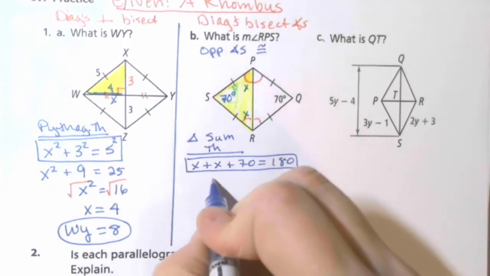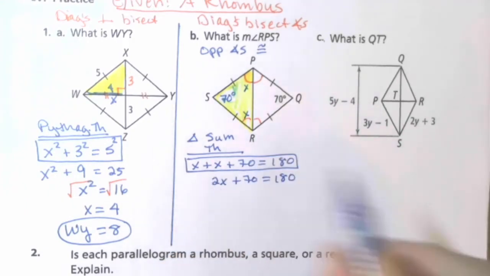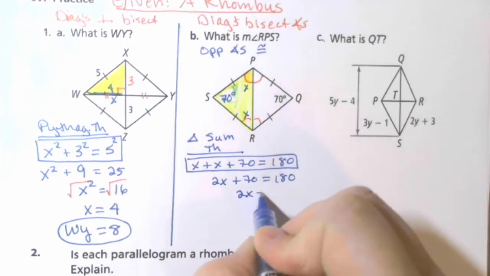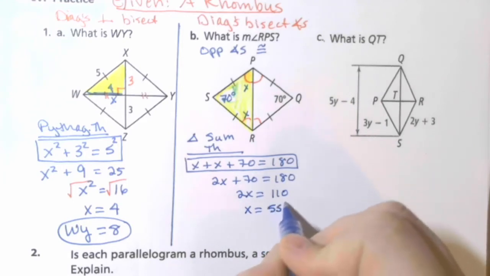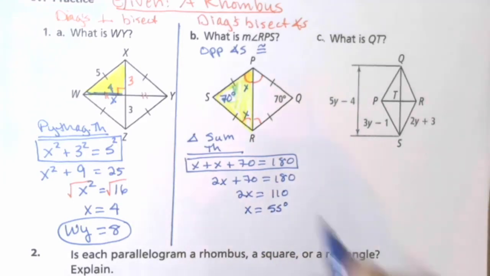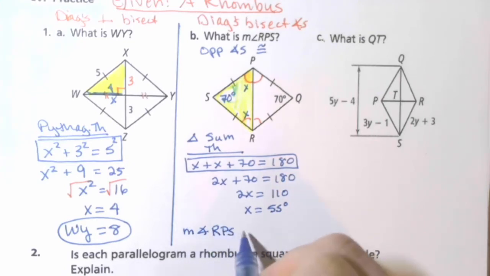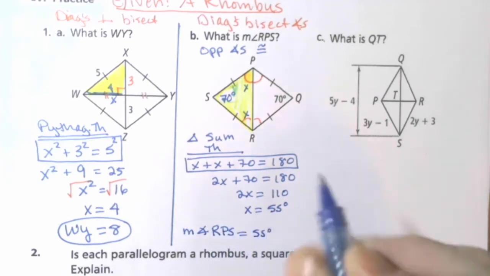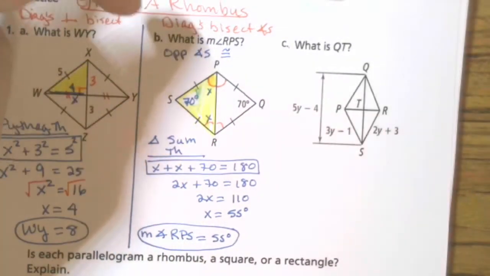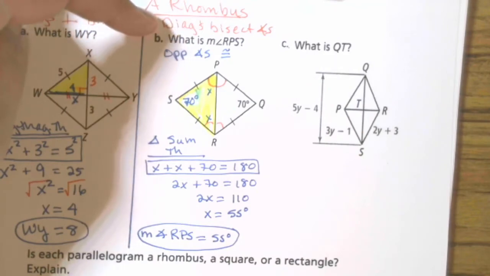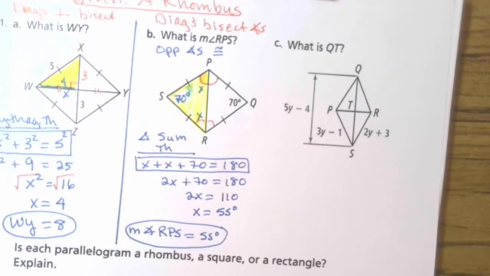So x plus x is 2x, plus 70 is 180. Subtract the 70 over, you get 2x equals 110. So x has to be half of that, which is 55 degrees. That means that the measure of angle RPS is 55 degrees. And we use the fact that the diagonals bisect the angles in the corners. That's how come we got these four the same. And then Triangle Sum Theorem.